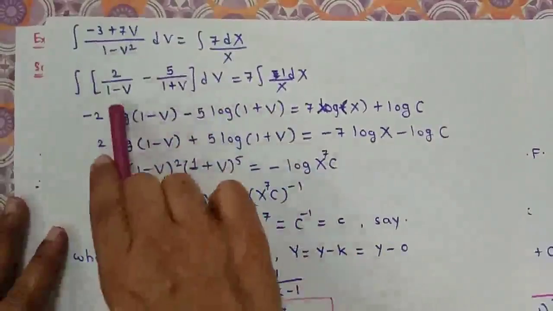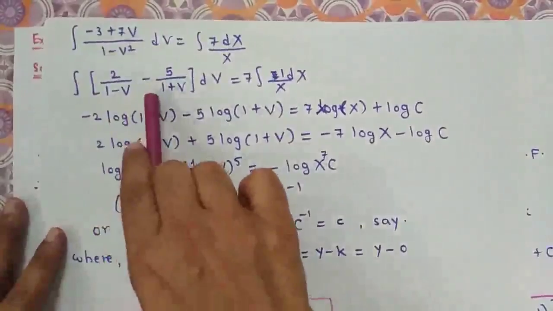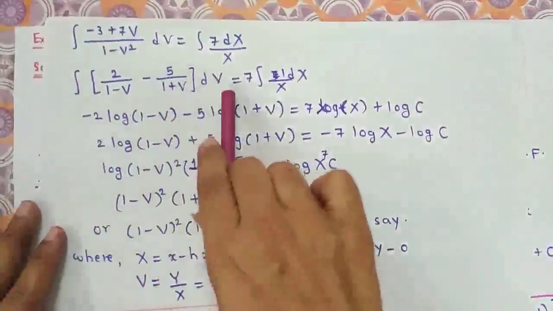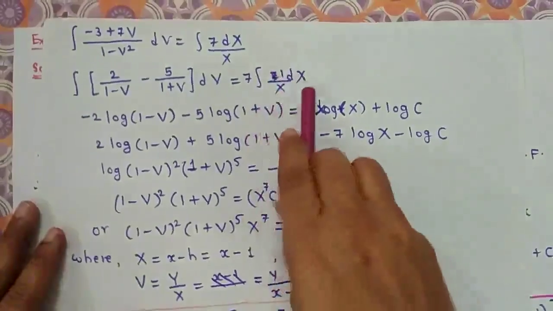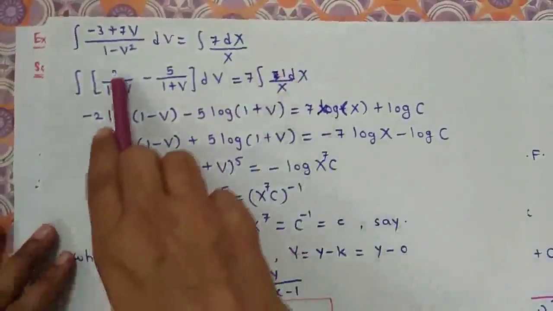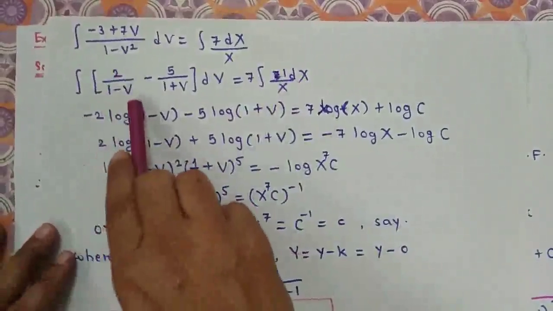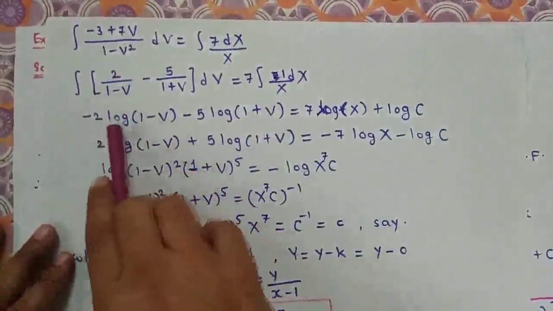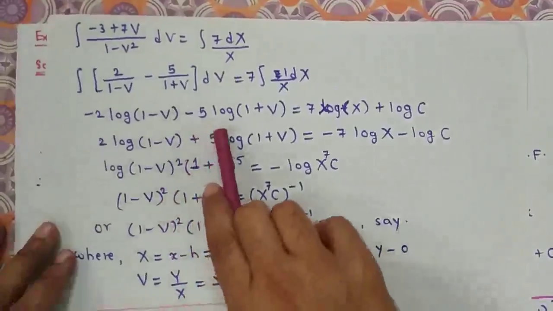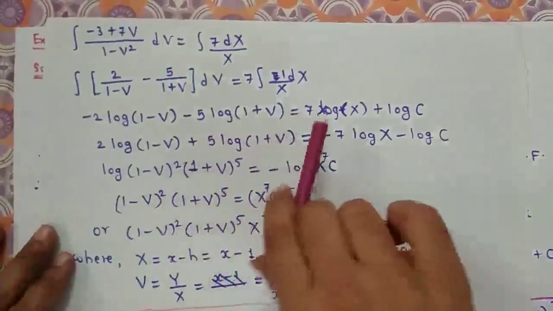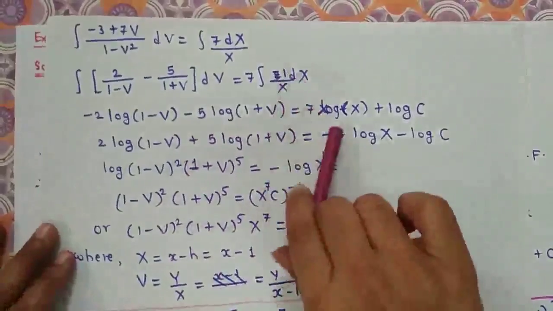this term equals to 2 upon 1 minus v minus 5 upon 1 plus v, dv, equals to 7 times integration of 1 upon x dx. Okay, and we know integration of 2 upon 1 minus v is minus 2 times log of 1 minus v, and that of the second term is minus 5 into log of 1 plus v, equals to 7 into integration of 1 upon x, which is log x.